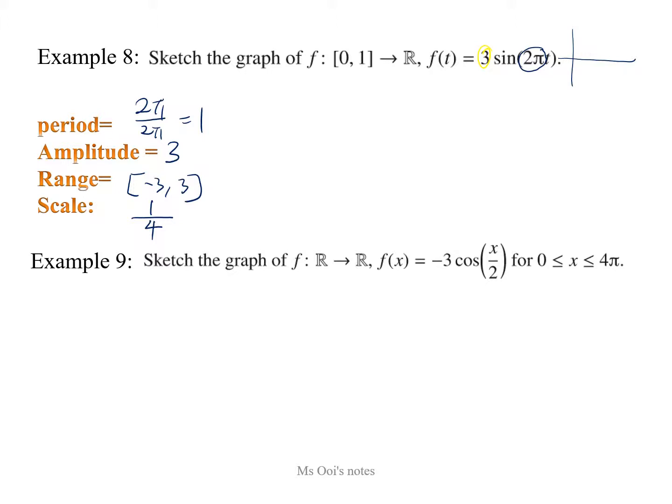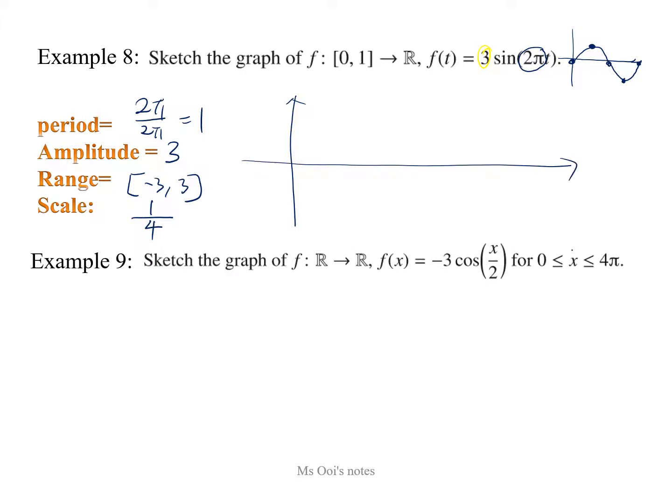Because we are always looking at the quarter of the period. And remember the basic sine curve: start from the center, going to the maximum, back to the center, minimum, and the center. So you divide your graph into 4 parts. We can do the same thing here.